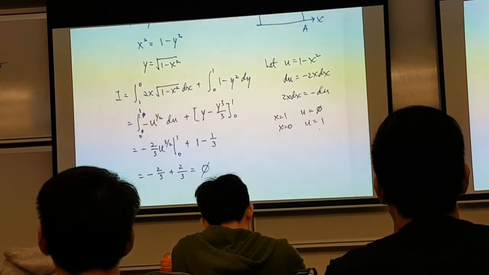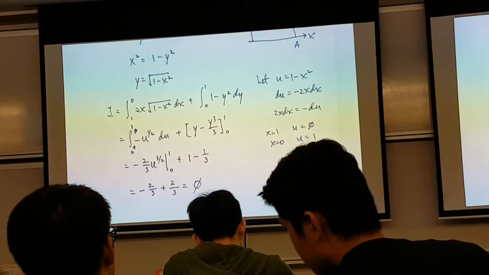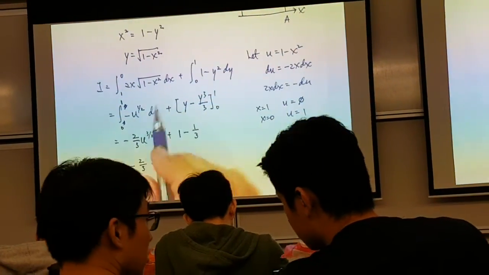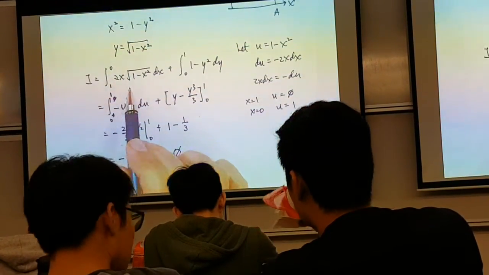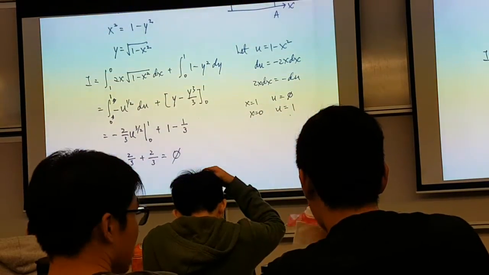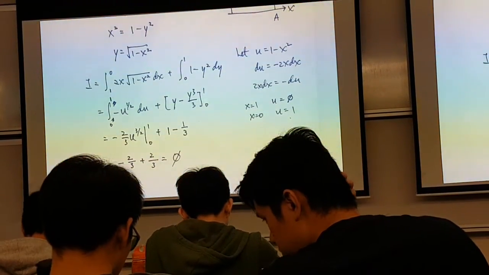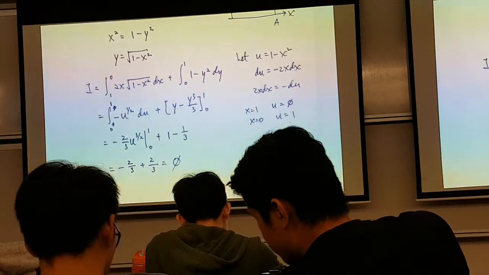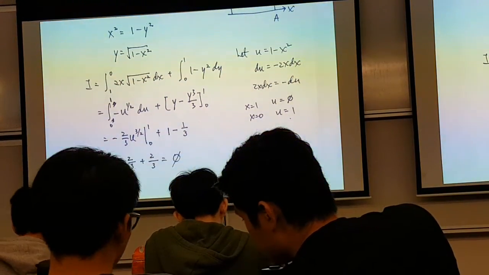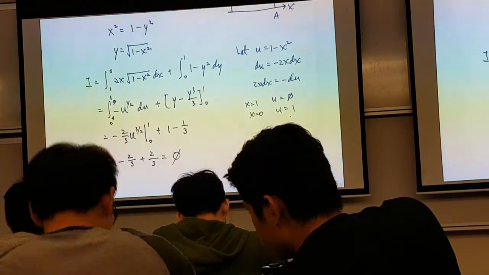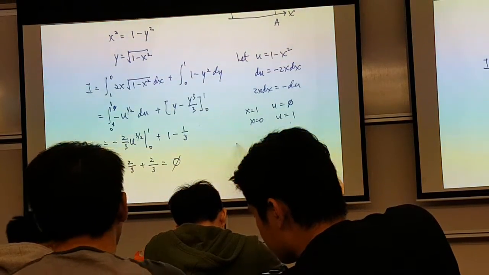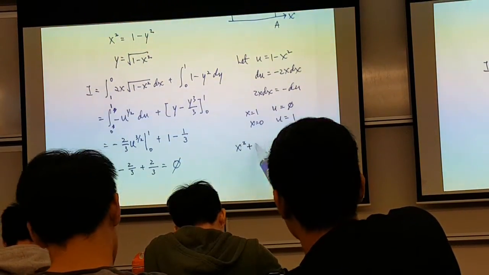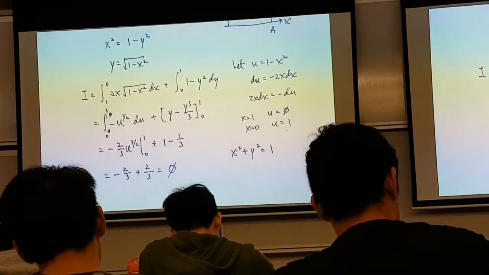It depends on how your function is going to be when you carry out the line integral. Okay, what I'm going to point out to you is if you come back to this portion, the integral of 2xy dx, we can actually do it differently, because we are given this relationship x squared plus y squared is equal to 1.